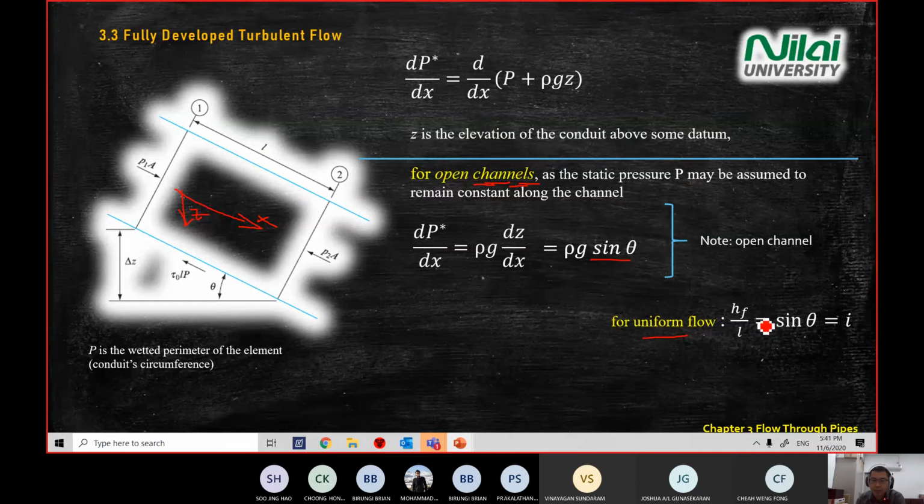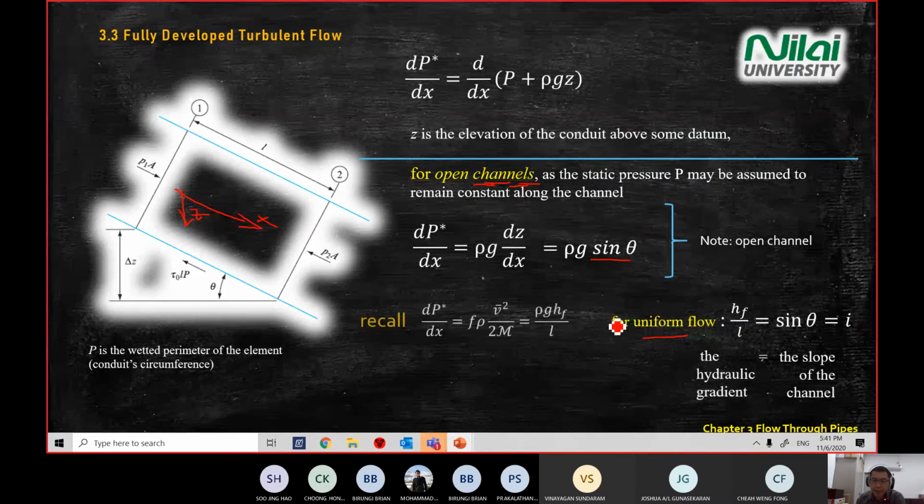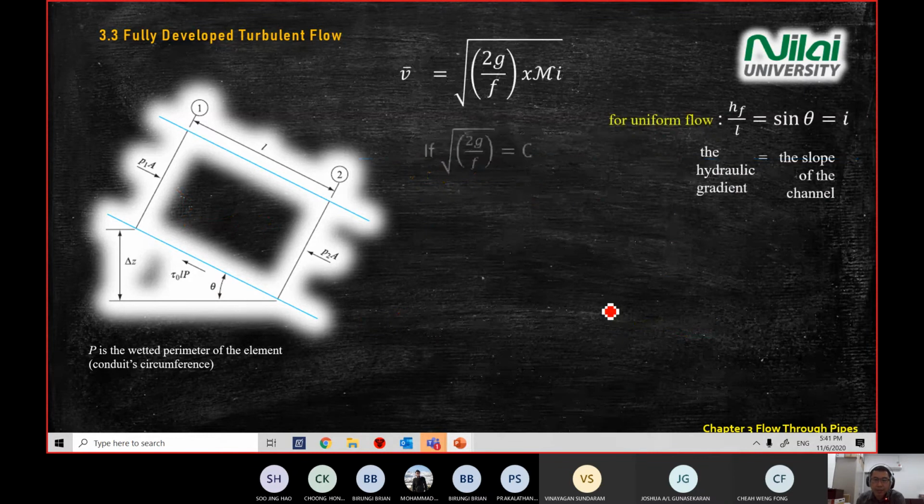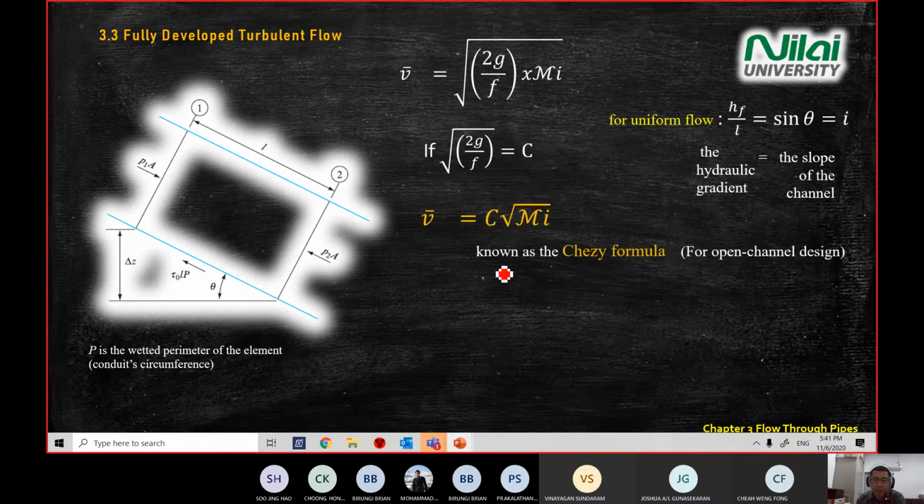HF divided by L equals sine, then we put an I there. Then we sum everything, recall what we've done so far, substitute inside there. We get one equation. So what is important is that you get this one. All right. So the Chezy equation is about velocity, average velocity.